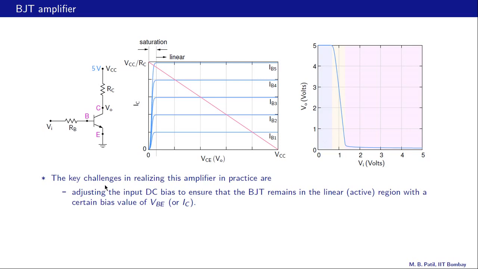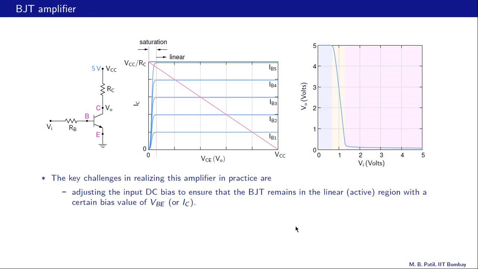So here are the key challenges in realizing this BJT amplifier in practice. One, adjusting the input DC bias to ensure that the BJT remains in the linear active region with a certain bias value of VBE or IC, and we saw that that corresponds to a bias value which is in approximately the center of this region here.